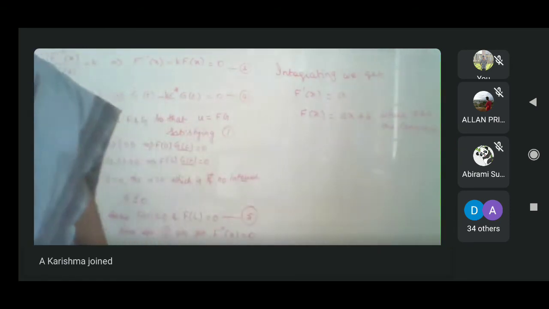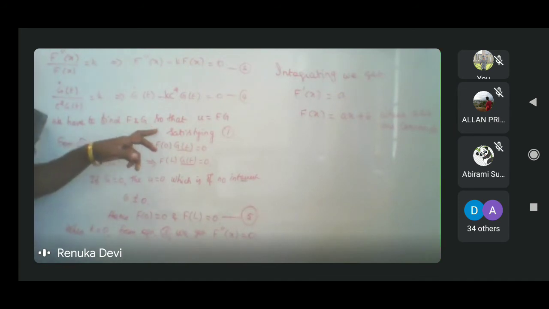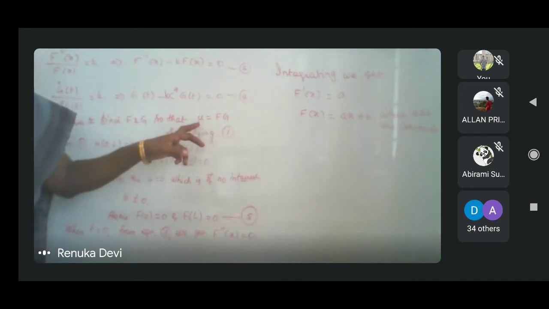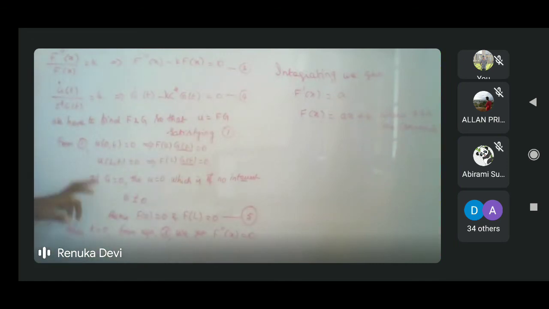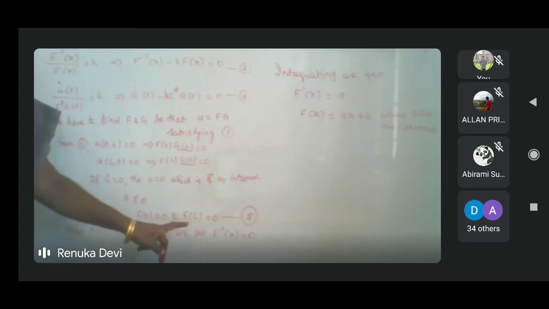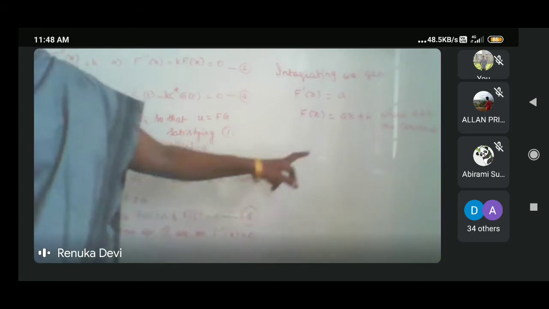Our aim is to find what is f and what is g by using the property that u equal to fg and satisfying equation 1. So from equation 1 we have f of 0 equal to 0 and f of L equal to 0. Now using this condition 5, we find what is a and b.